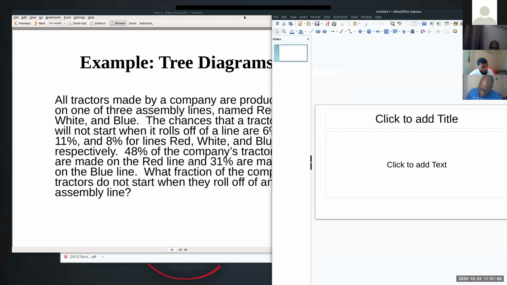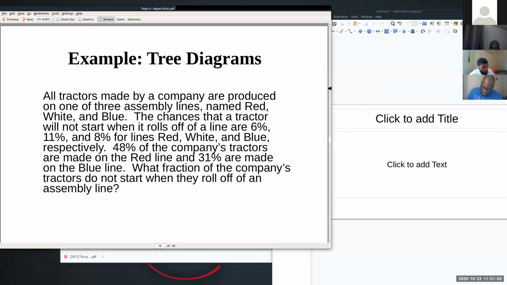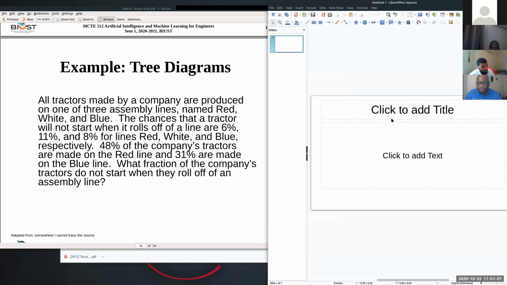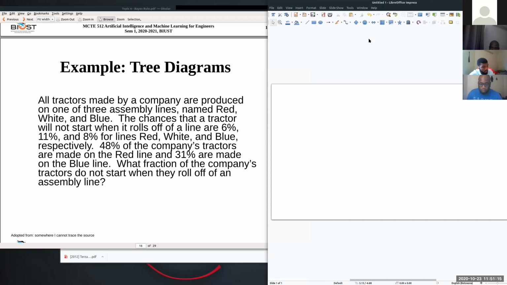This is the problem and we'll extract the information from it. Okay, let me insert a table.